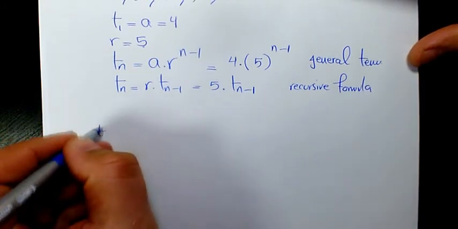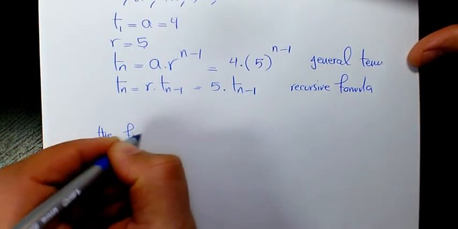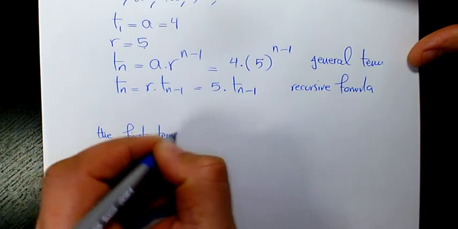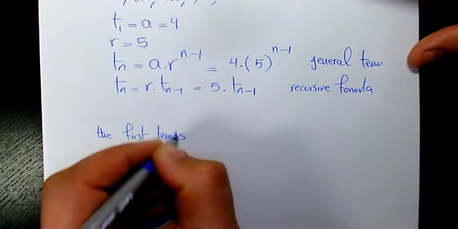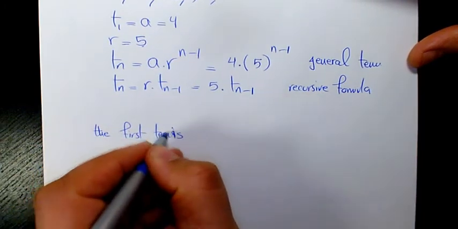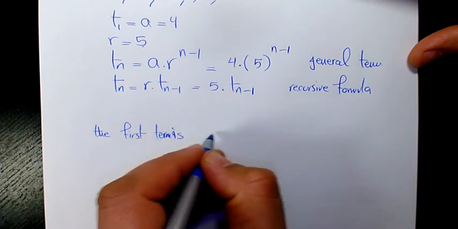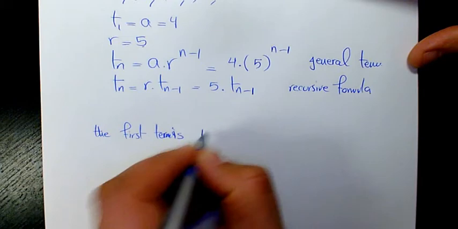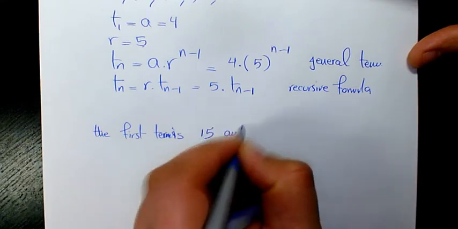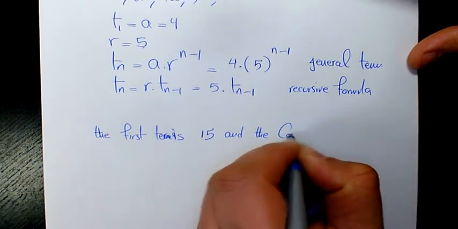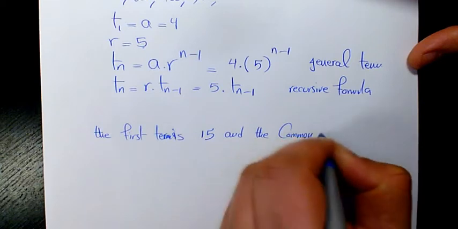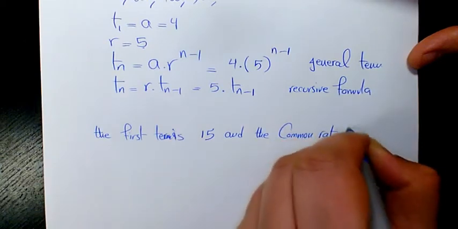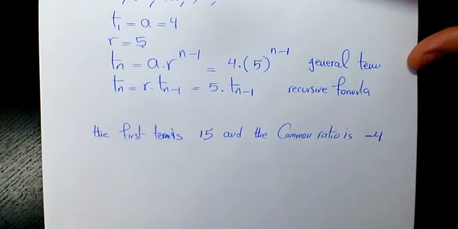Next one, the first term is $15, and the common ratio is -4.